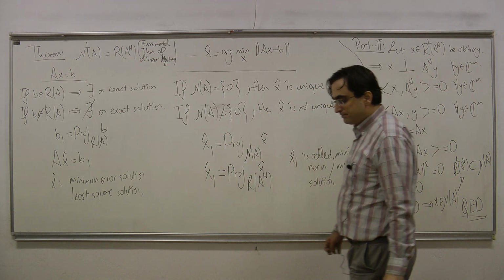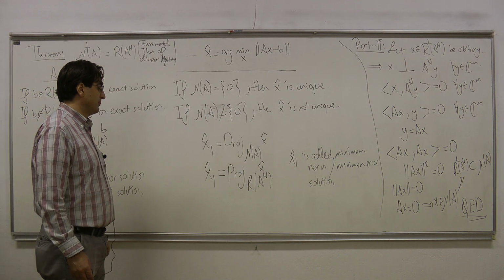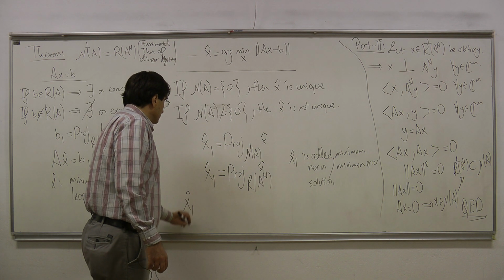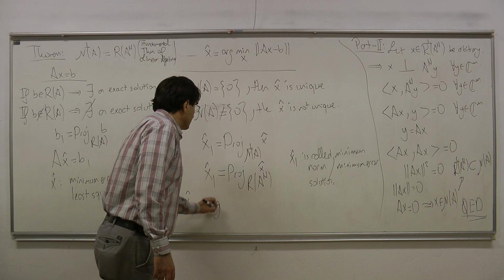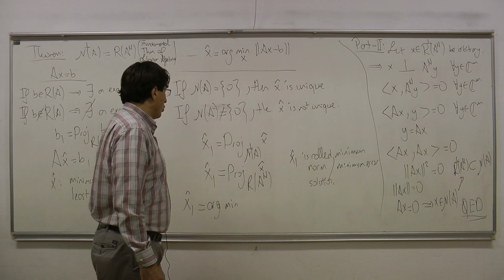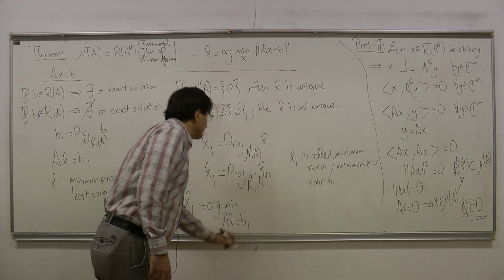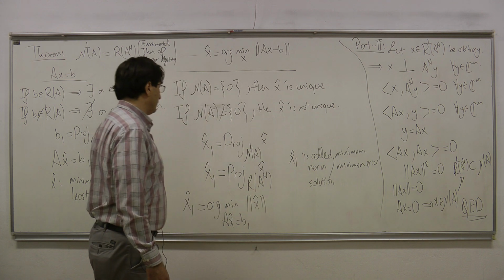Okay? And what is the property of this x1 hat? x1 hat is the solution of the following optimization problem. Argument of minimization over all solutions x set satisfying this equation, the norm of x set.